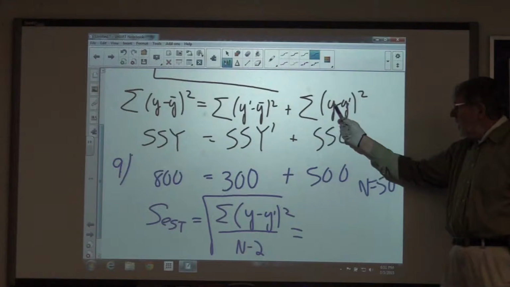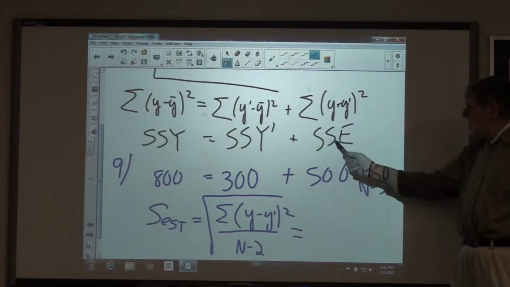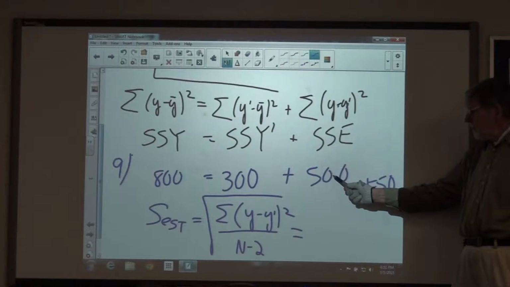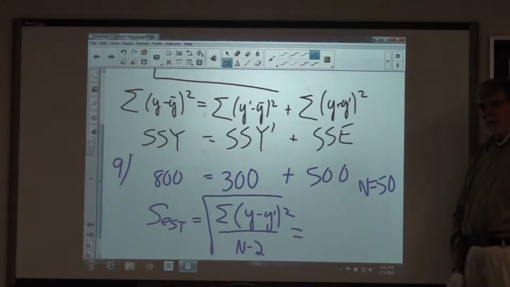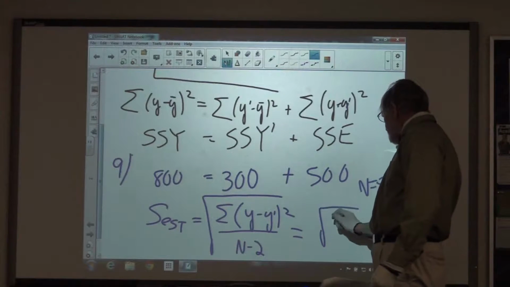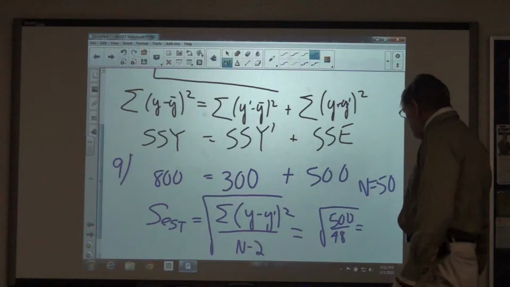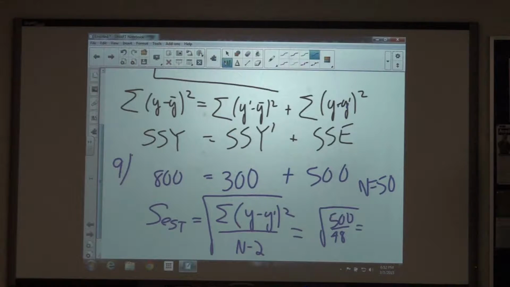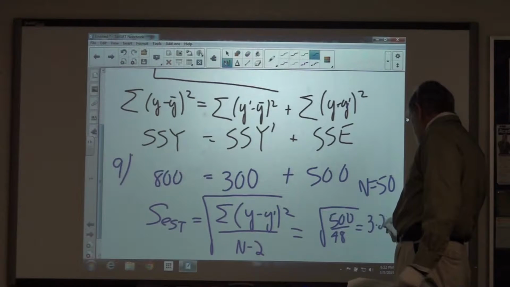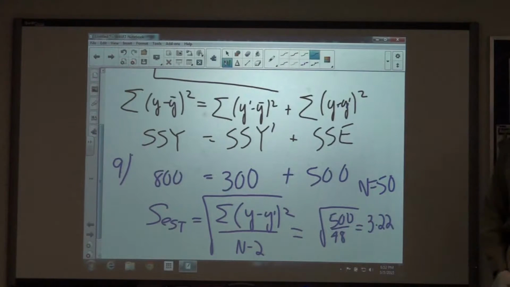Does this look a lot like that? Is this known to be a certain number? Yes. So we're going to use it. This is equal to the square root of 500 over 48, which comes out to be 3.22749. Okay, good.